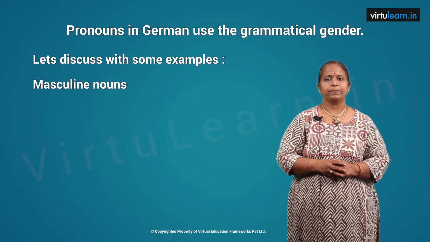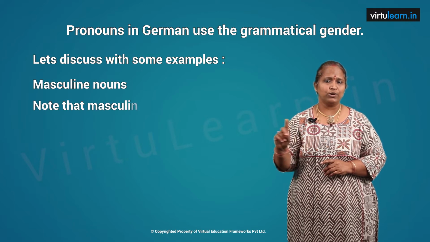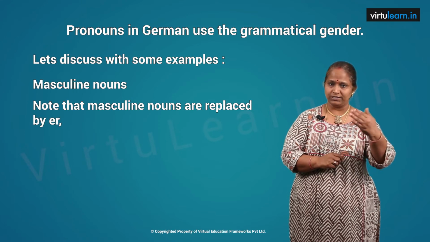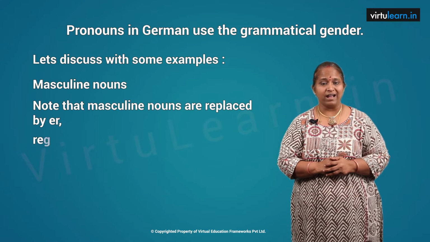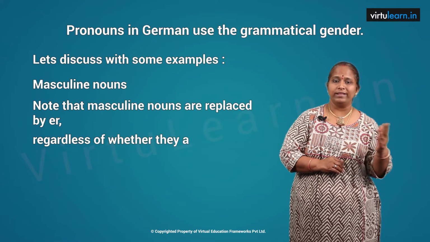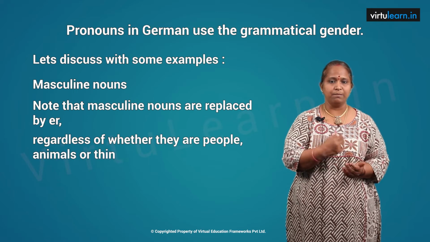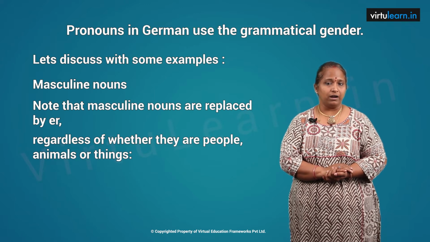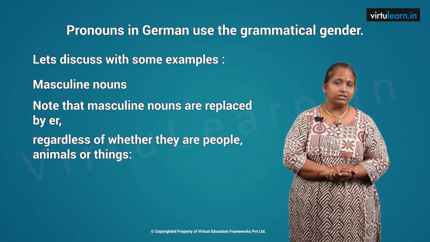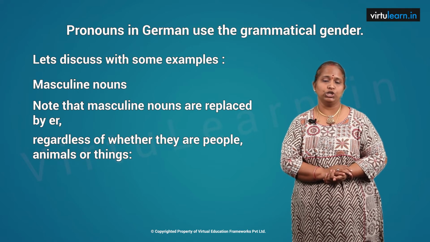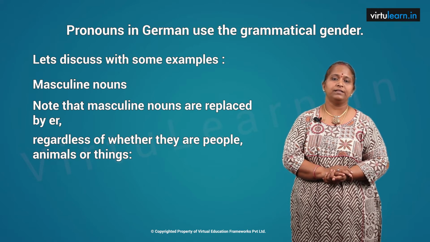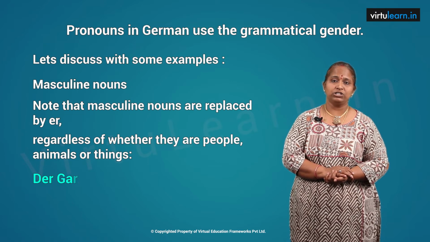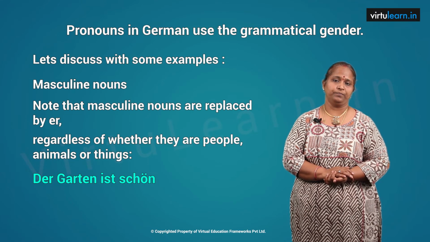Masculine nouns. Note that the masculine nouns are replaced by er, regardless of whether they are people, animals or things. For example, garden. Garden is a masculine noun in German. So if I have to say the garden is beautiful, I say der Garten ist schön.